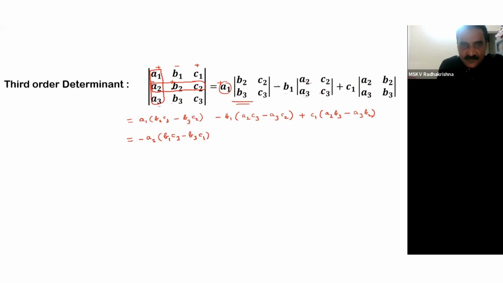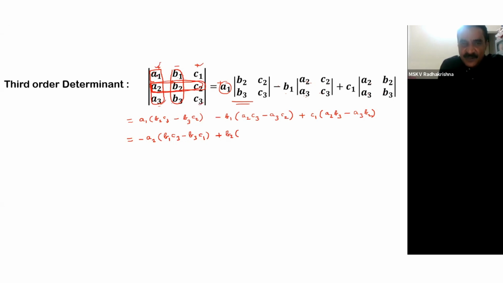For second element, you have to take plus sign. So plus B2 into, if you remove this column containing B2 and row containing B2, what is the remaining subdeterminant? Only A1, C1, A3, C3 will be remaining.